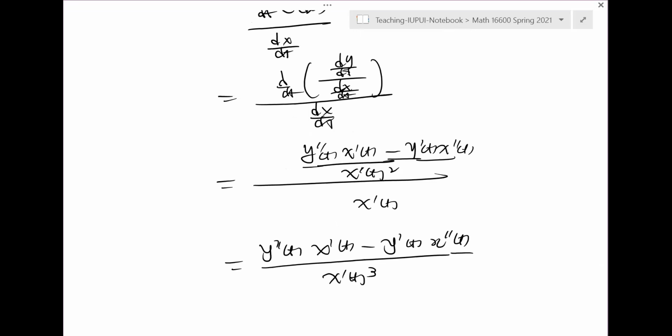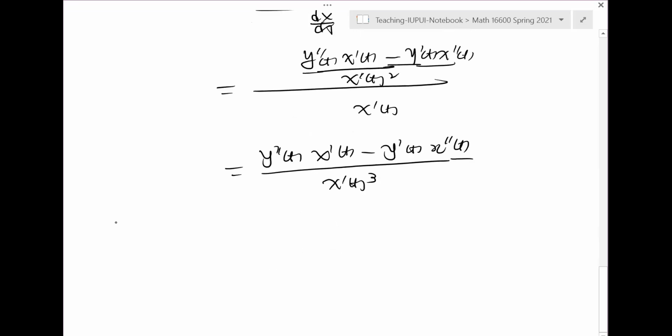Here's the question. We still use the same kind of function, but I'm trying to use it at a different point. So here's the example: x equals t squared, y equals t cubed minus 3t.